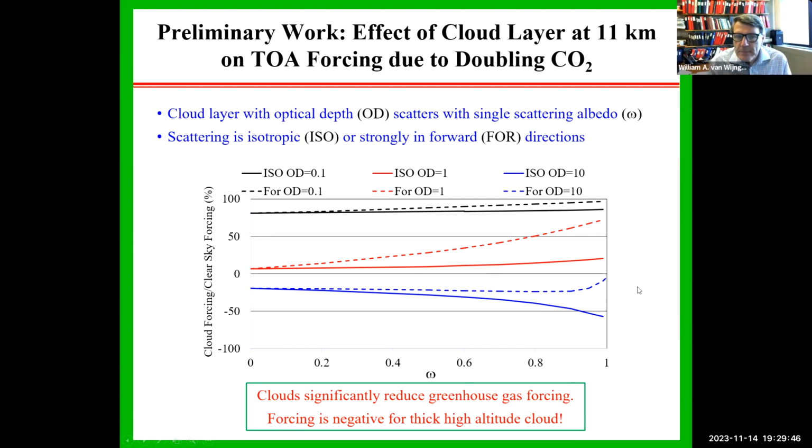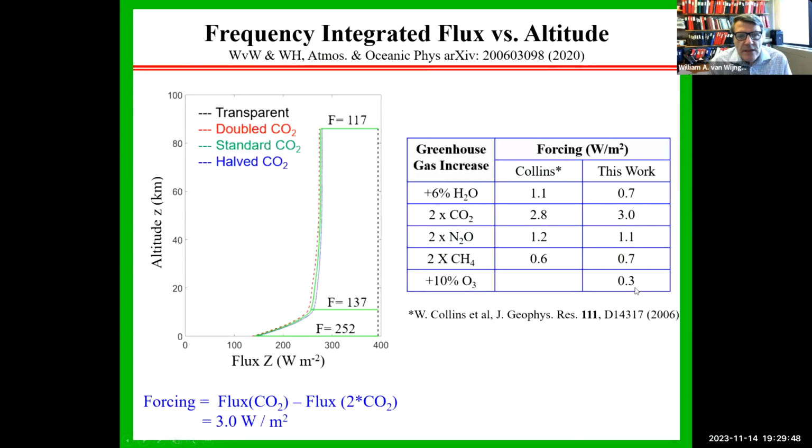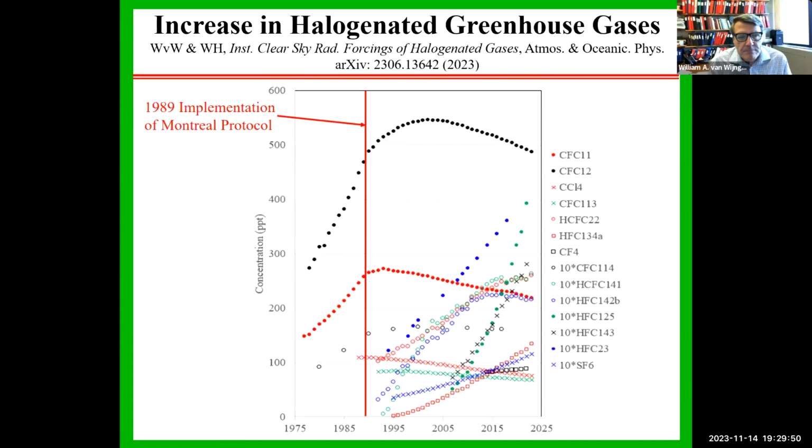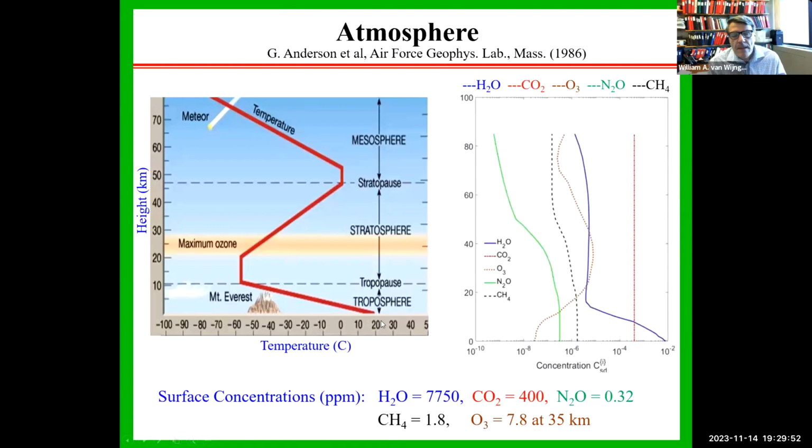Why is that? Well, let's go back to our temperature slide. Before, we considered the temperature at the surface, it went down until the tropopause. And then the temperature went up. It went up because you have that ozone absorbing the UV in the stratosphere.